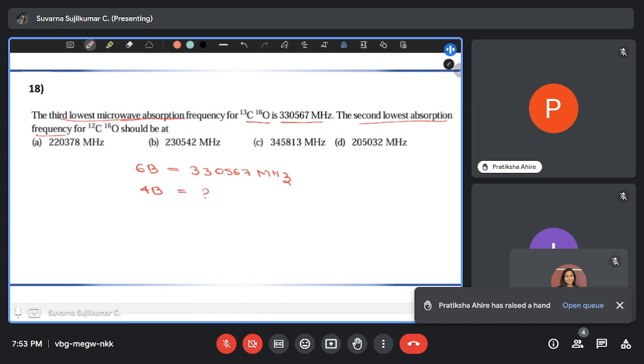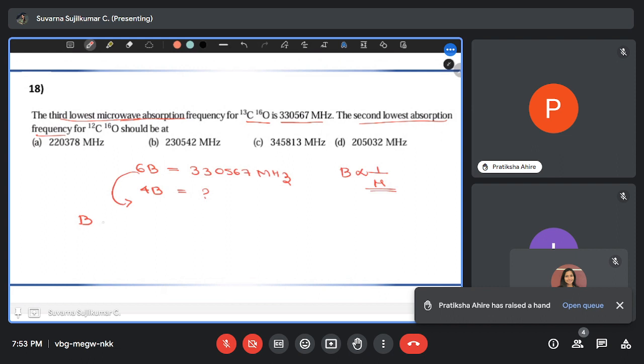Correct. We already know that. From here, we can find the value of B. We already know that B is inversely proportional to the molecular mass. Let's put together the equation.